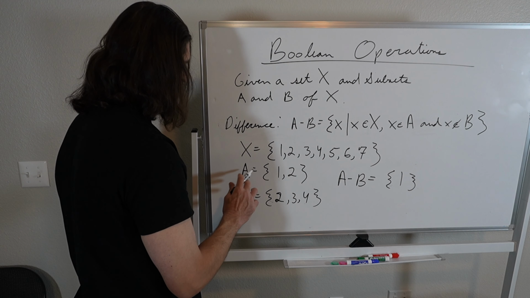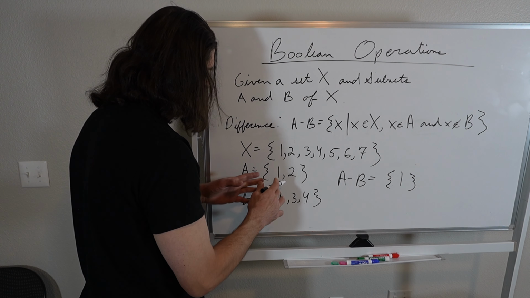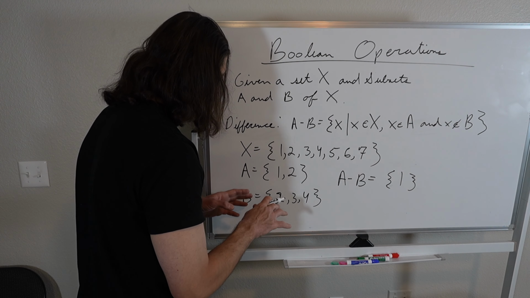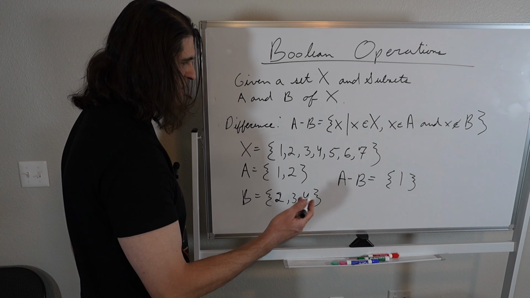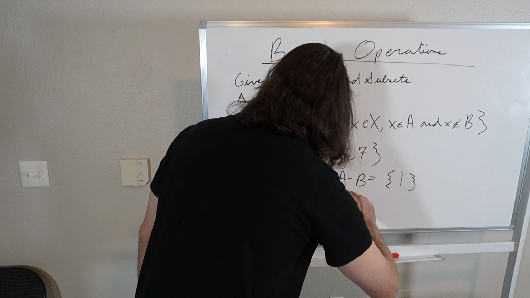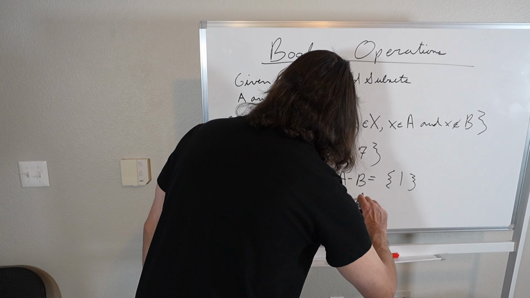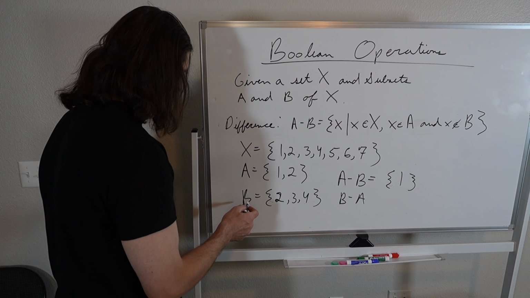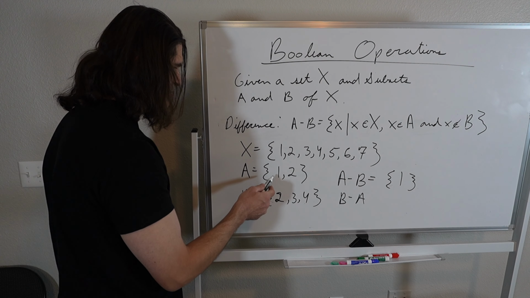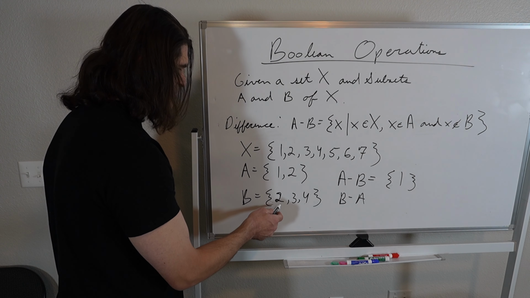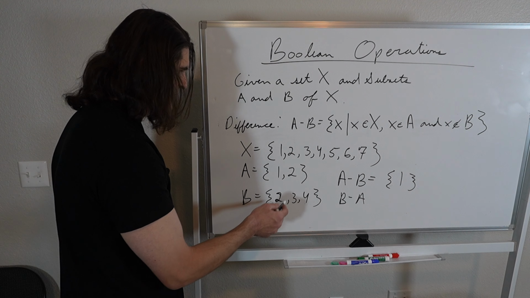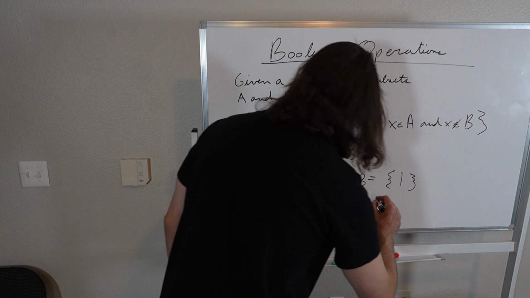Because 1 is basically the member of A that is not also a member of B. And we can also reverse this. So let's say we wanted to do B difference A. So now we're looking at members of B that are not members of A. And in this case, once again, we would just leave out that 2, and we would just have 3 and 4.